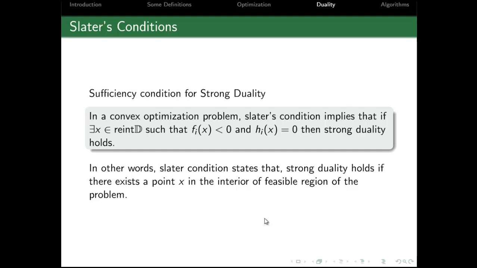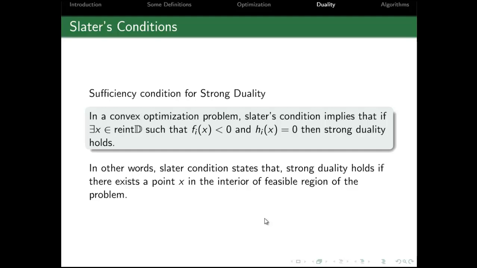We look at Slater's condition, which gives us conditions for a convex optimization problem to be strongly dual. Slater's condition states that for a convex optimization problem, if there exists an x belonging to the relative interior of the domain such that f_i of x is less than 0 and h of x is equal to 0, then strong duality holds.